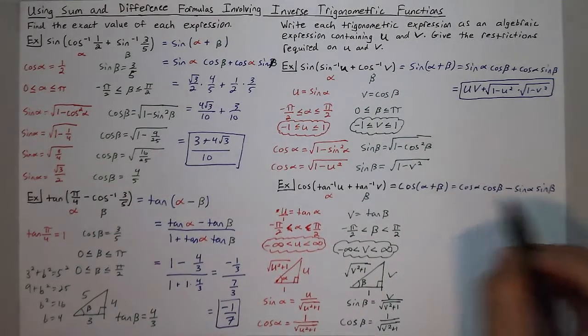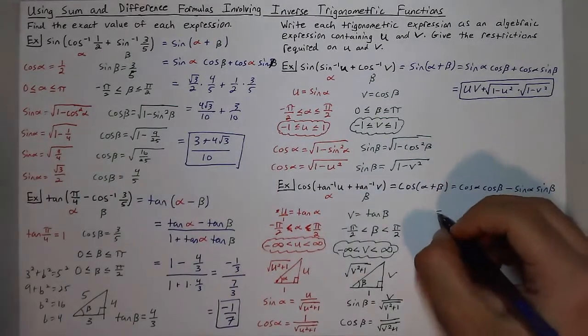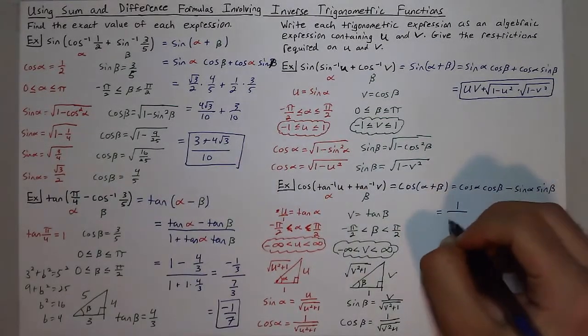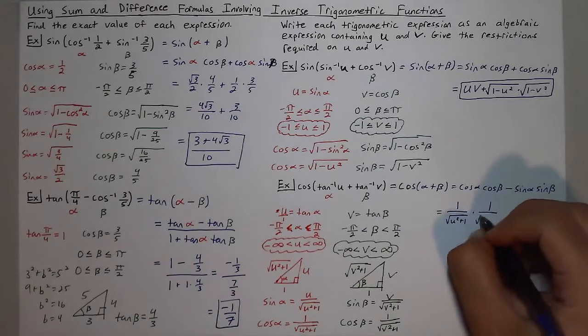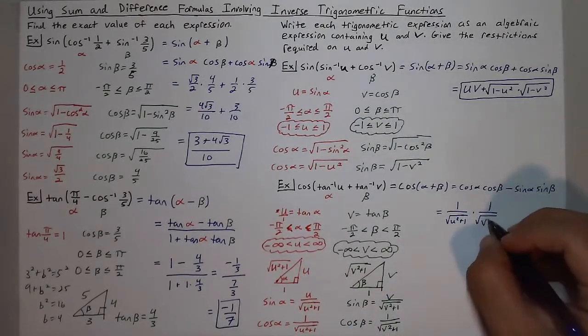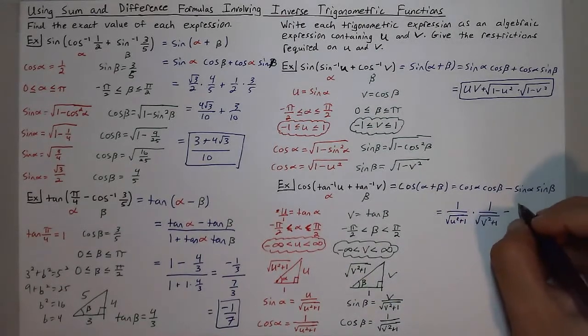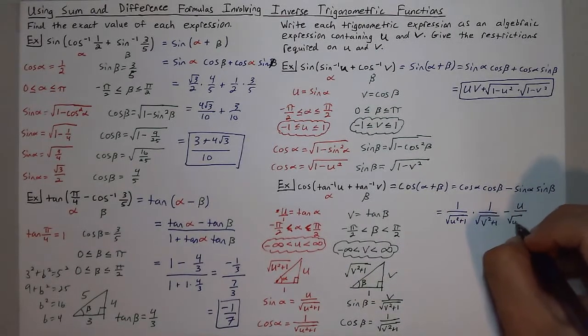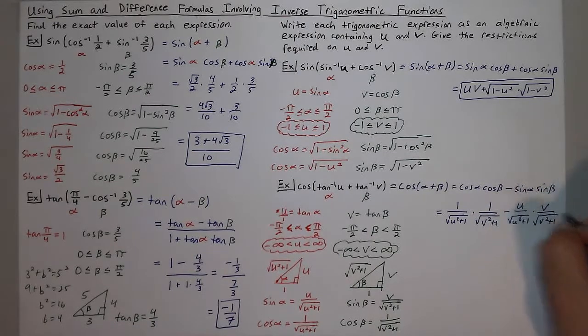So now when I go to plug these in, I'll have cosine of alpha, which is just 1 over the square root of u squared plus 1, times 1 over the square root of v squared plus 1 for cosine of beta, minus sine of alpha, which is u over the square root of u squared plus 1, times v over the square root of v squared plus 1.